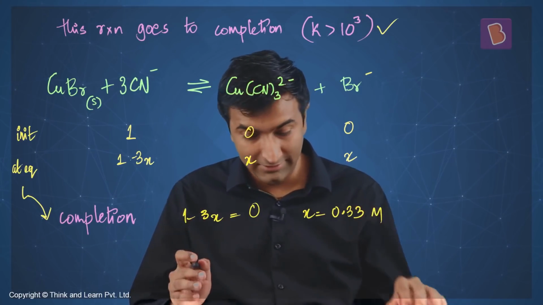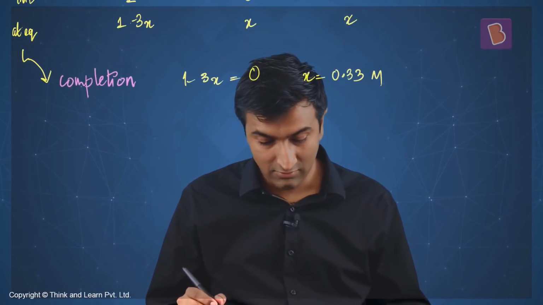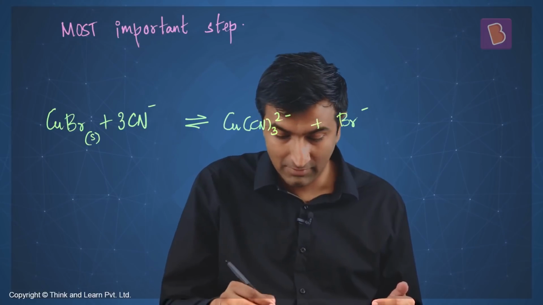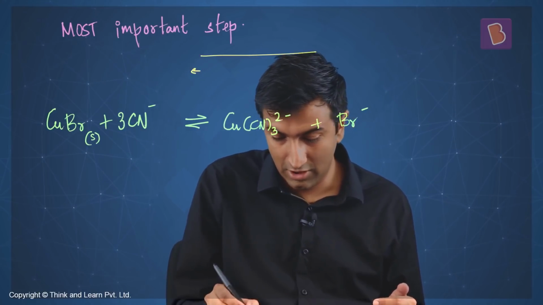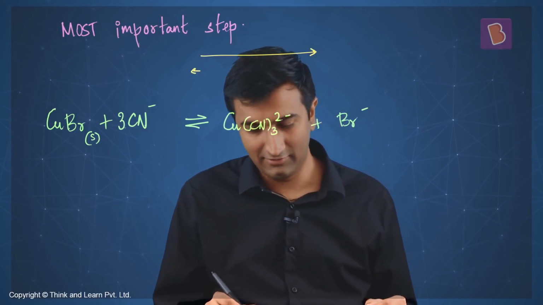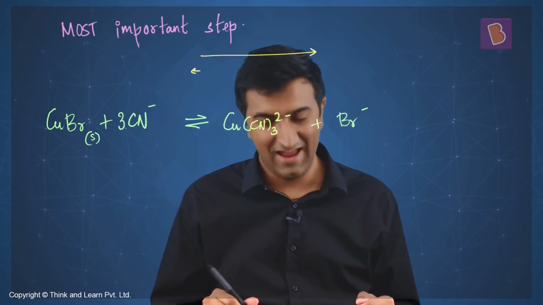The next step, I told you already, this most important step, is that now an equilibrium is formed. Once it gets formed completely, this reaction goes back ever so slightly. It goes forward a lot, goes back really, really slightly. That's what these weird arrows mean.